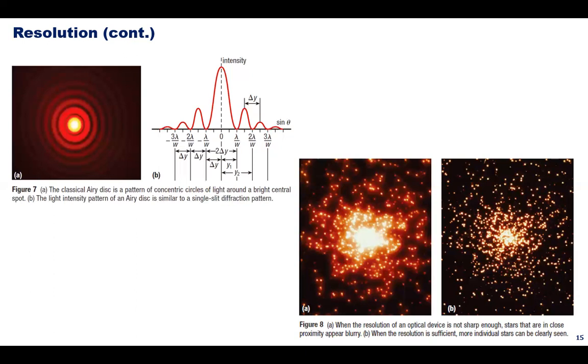In an ideal set of optics, 84% of the incident light is concentrated in the central maximum. If there are obstructions in the optical path, such as a mirror, more light will end up being spread into the rings, making the image less clear.